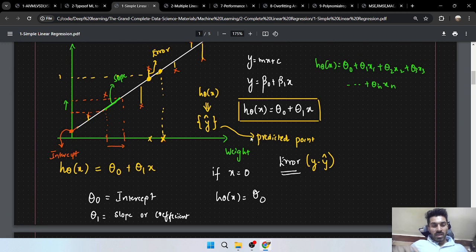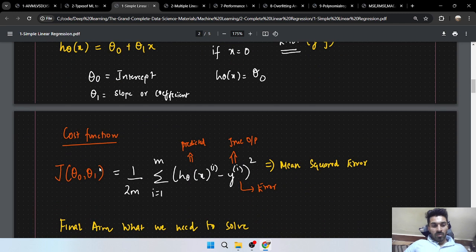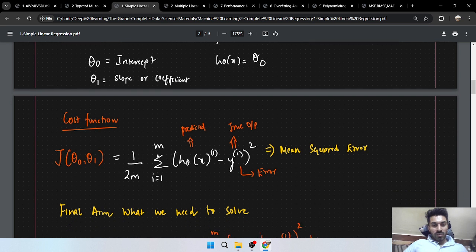Cost means the error for one point only. If you are finding the error for one point, this is a cost function, and if you sum all these cost functions, you get a loss function.